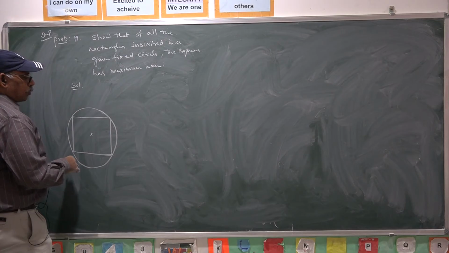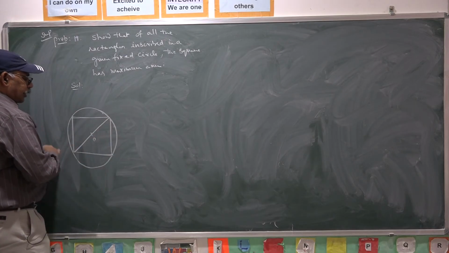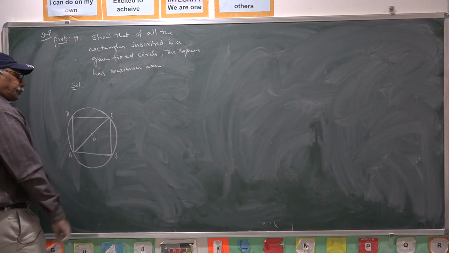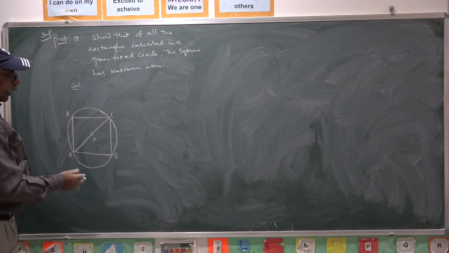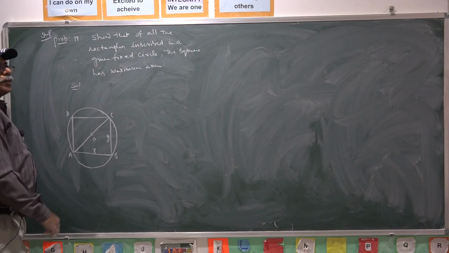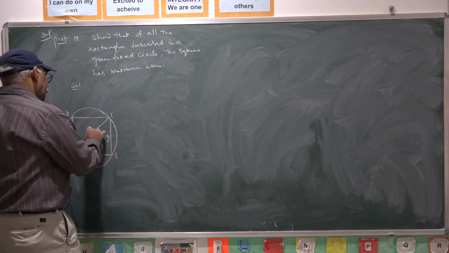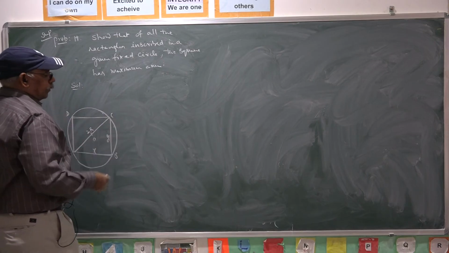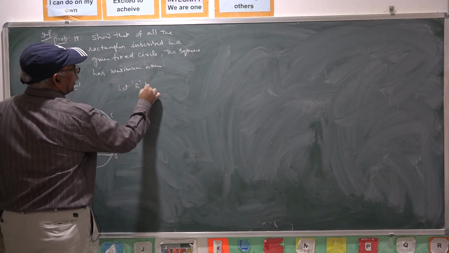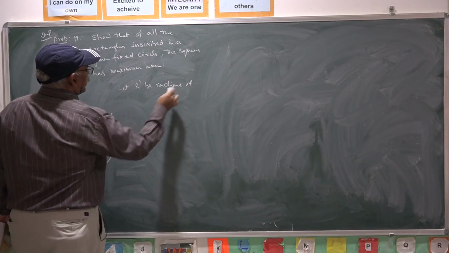So let us consider O be the center of the circle. Once you join these points, ABCD is a rectangle. Let us suppose x and y be the dimensions of the rectangle. And here this is 2r, where r be the radius. Let R be the radius of the fixed circle.